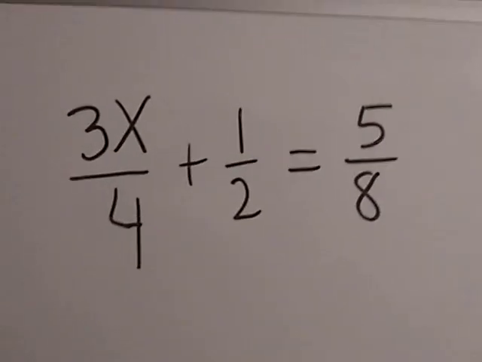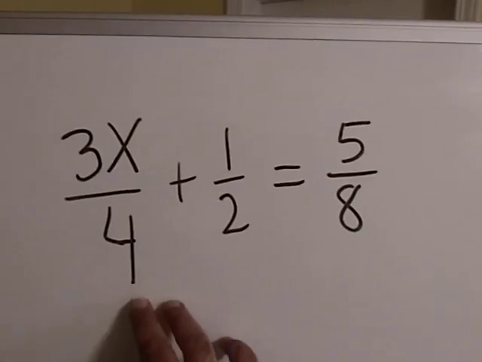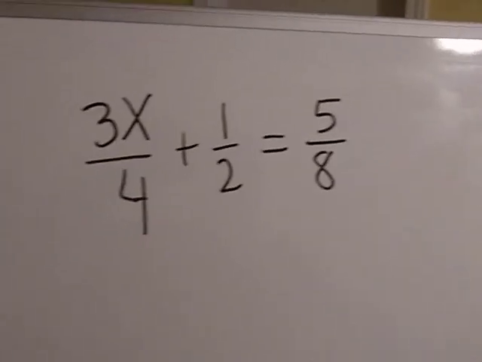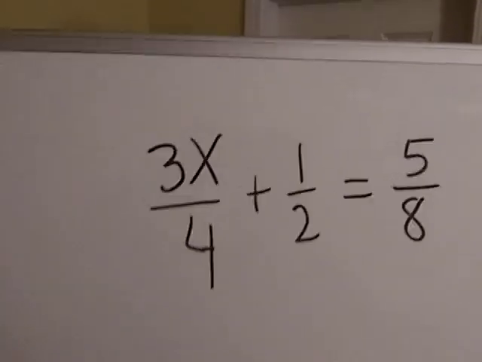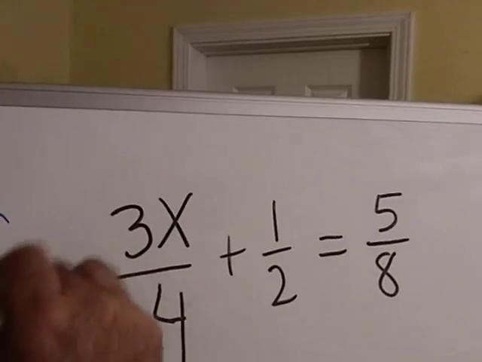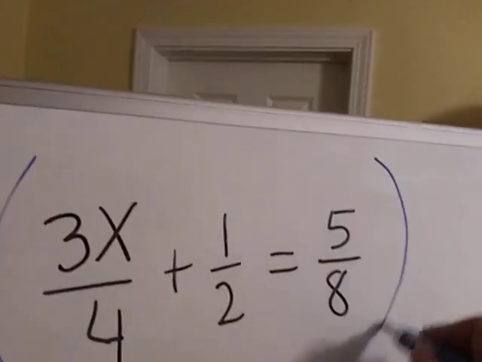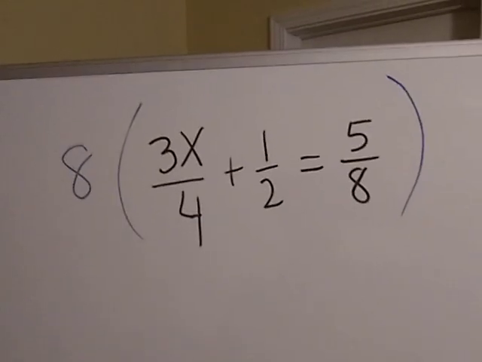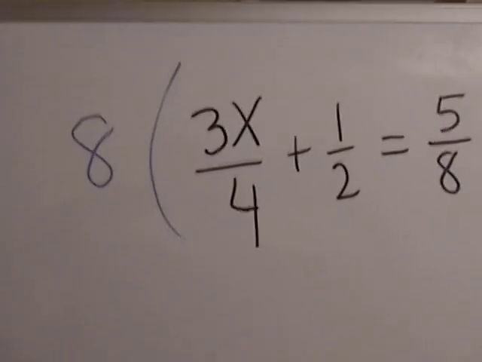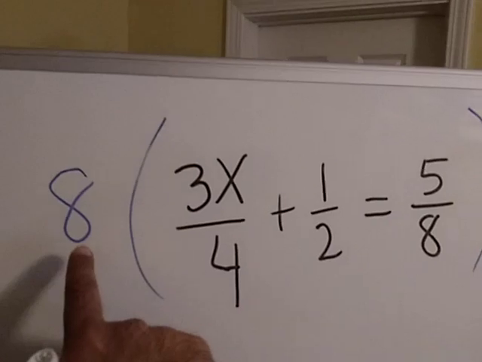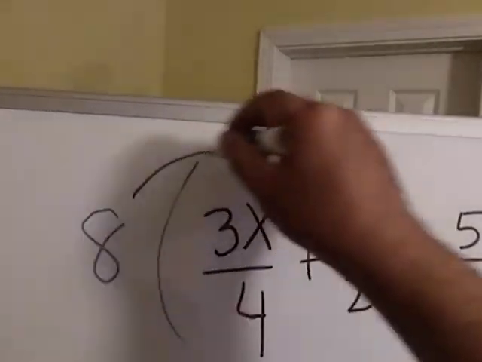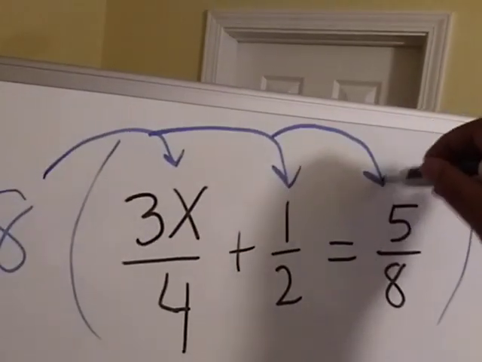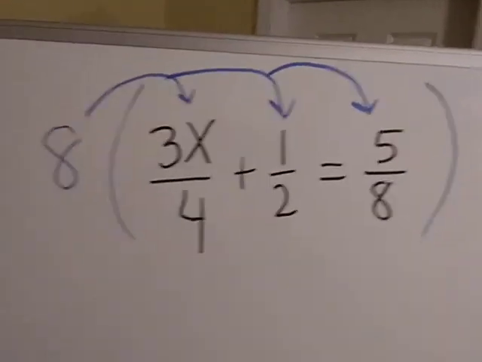In this case, the common denominator between 4, 2, and 8 would be the number 8 itself. And what we're going to do is distribute 8 into the whole equation. So we're going to distribute the 8 into the 3x, into the 1/2, and also to the 5/8.